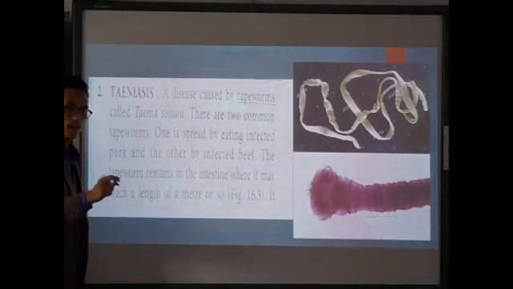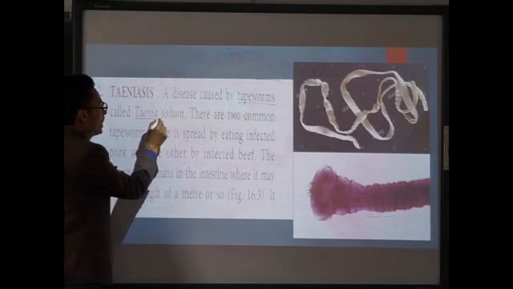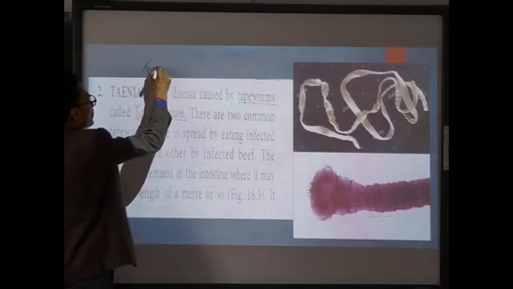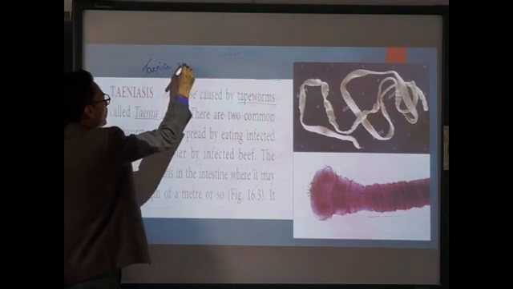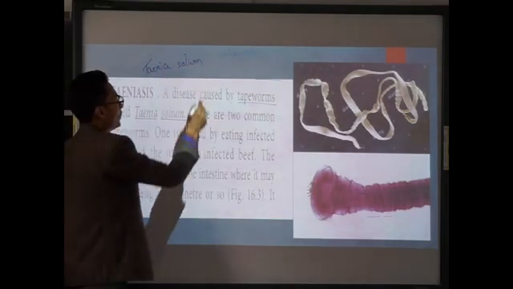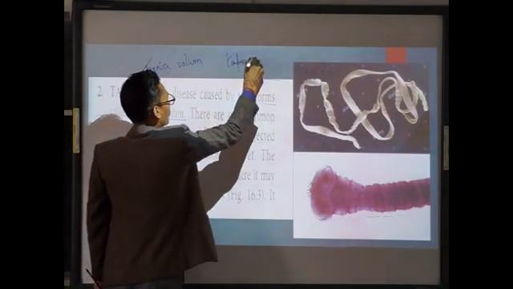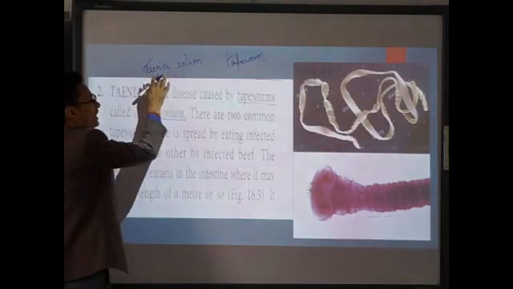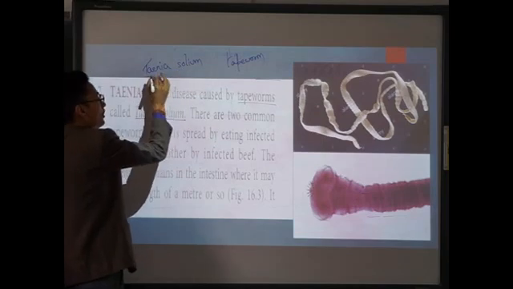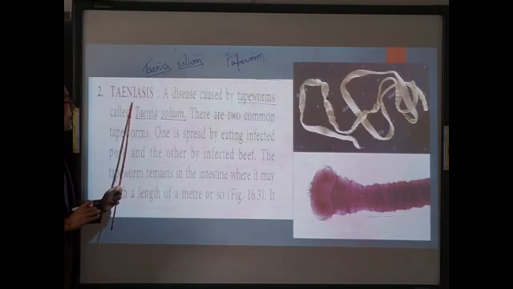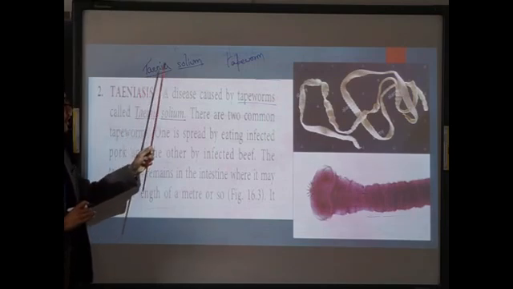The scientific name of the tapeworm is Taenia solium, and the common name is tapeworm. Since it is the scientific name, we have to underline it separately. So taeniasis is mainly caused by a tapeworm called Taenia solium.